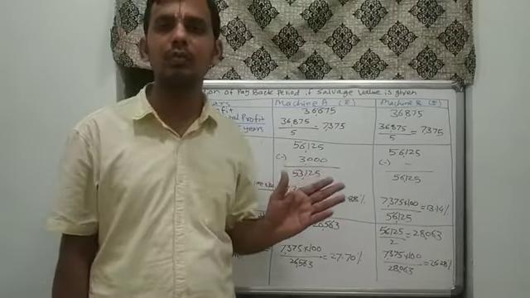Later on we have used payback technique, in which we have concluded that machine B should be selected because it has less payback period, that is 2 years and 8.34 months, whereas for machine A it was 3 years and 3.68 months. Hence machine B should be selected.